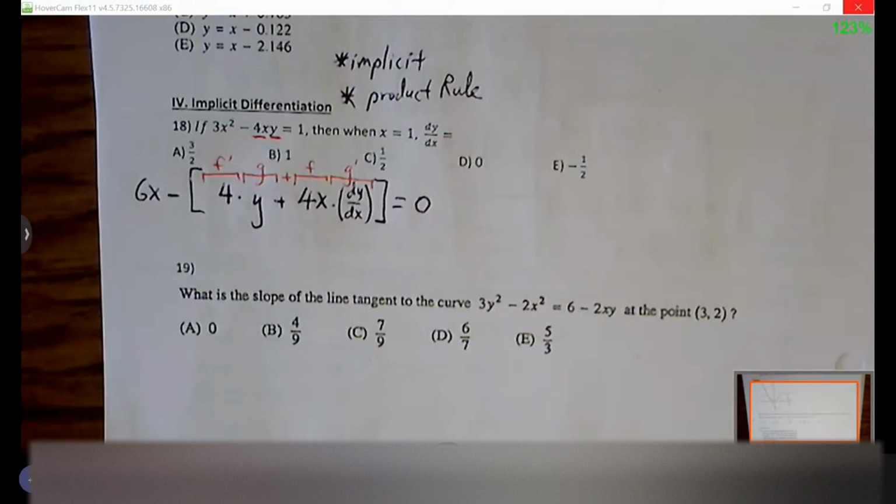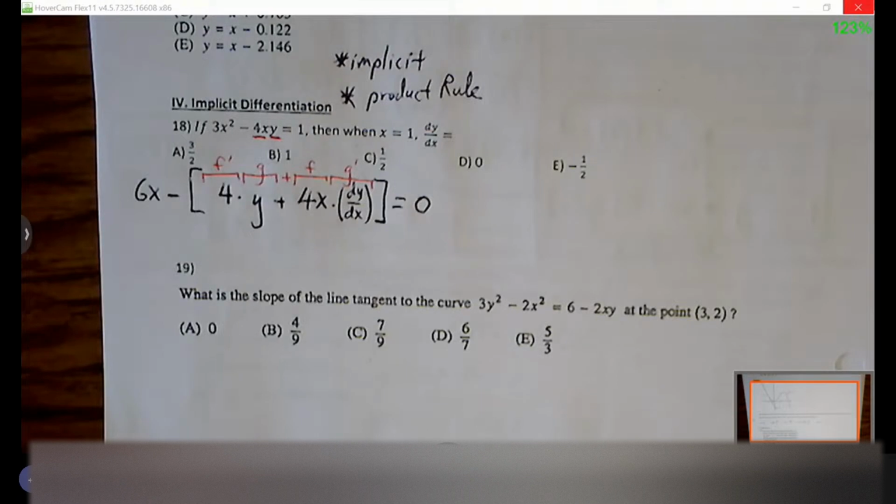We just have to get it down to solving for dy/dx and getting down to a numeric value. I like to just go ahead and fill in the values now so I can just solve for dy/dx. But do I have everything that I need to get a numeric value out of dy/dx? No. Okay, what's missing? The y. Ideally, the problem would be nice to just give you the full ordered pair.